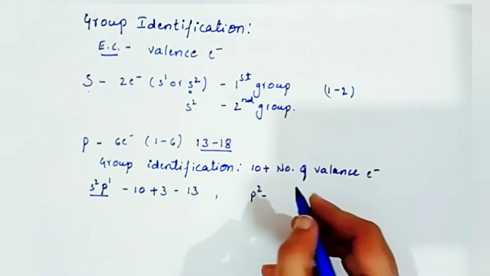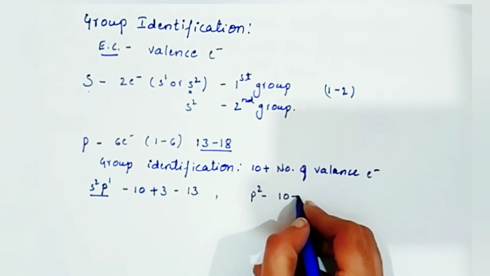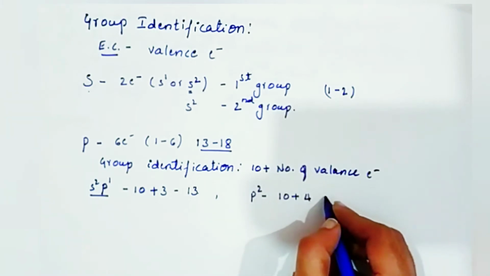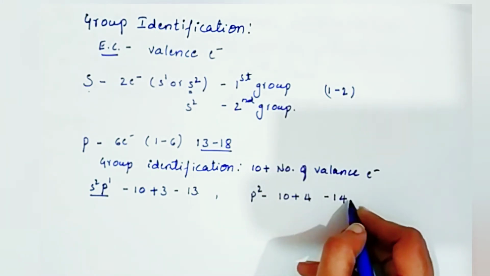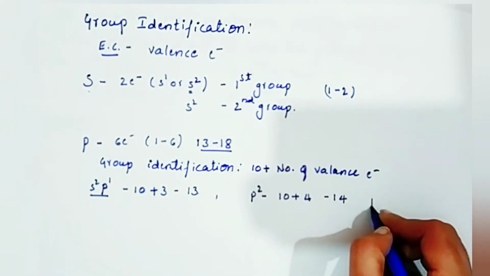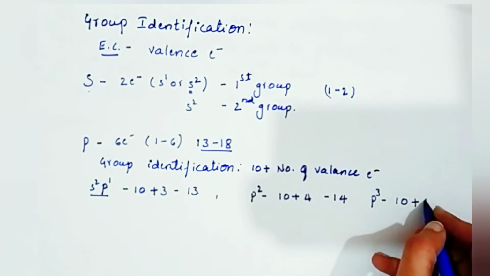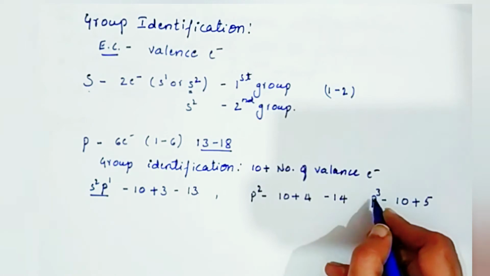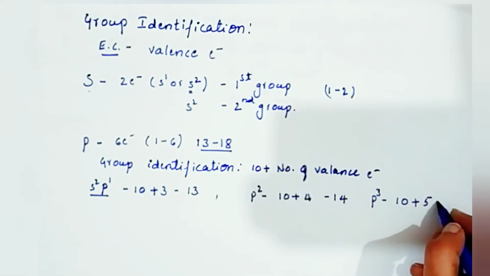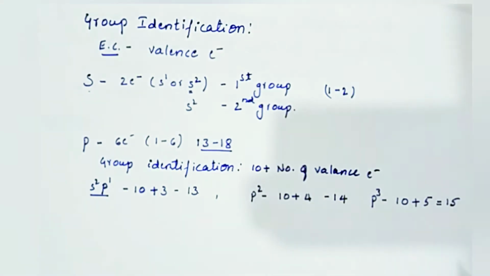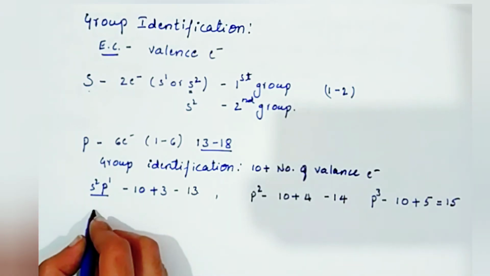If it is p2 configuration, then 10 plus 4, so it belongs to the 14th group. If it is p3 configuration, then it is 10 plus 5. How come it is 5? In s orbital 2, p orbital 3. So 10 plus 5, 15th group.